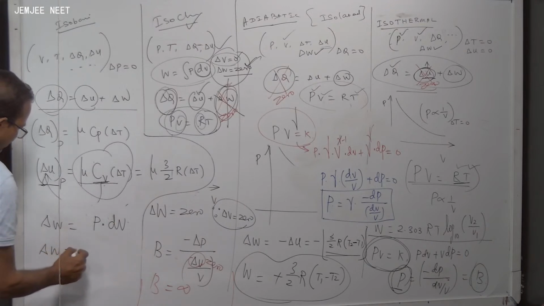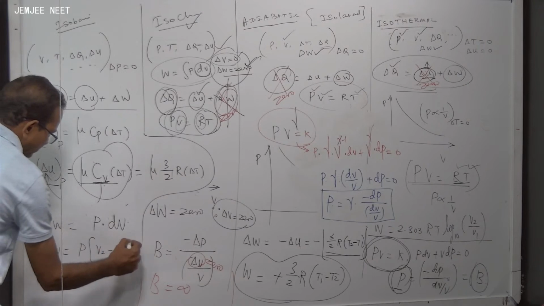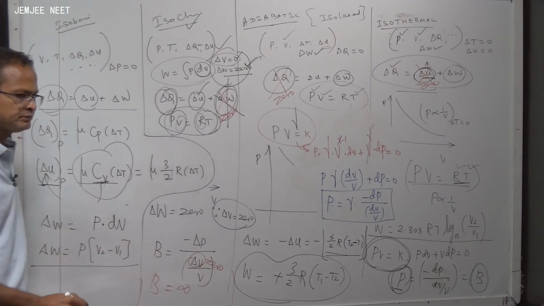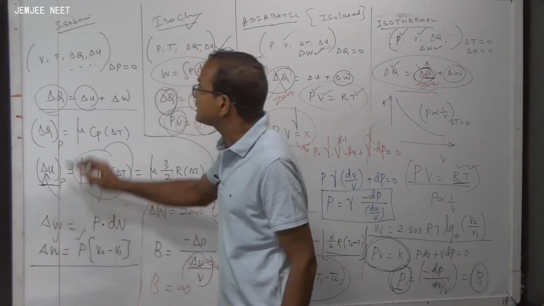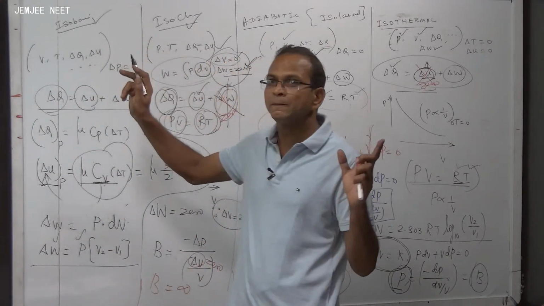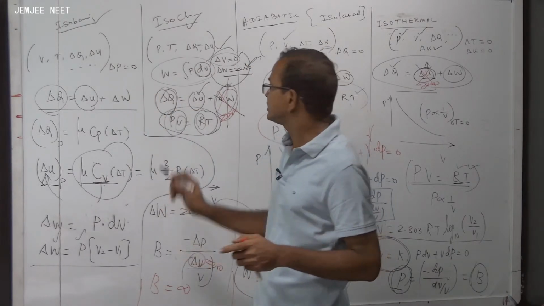The best option is P times V2 minus V1. You agree with this? This is a simple formula to calculate work done in the isobaric case.